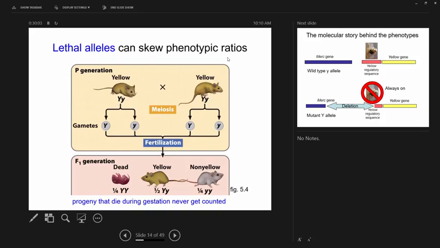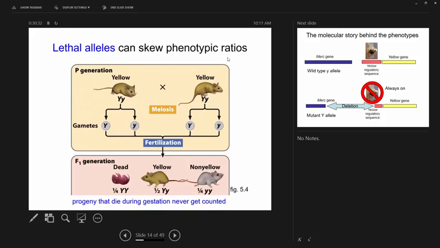But now instead of a 1 to 2 to 1 phenotype ratio, it's just 2 to 1. So it's 2/3 yellow and 1/3 gray, right? Because the yellow mouse is taken out, it never gets counted.